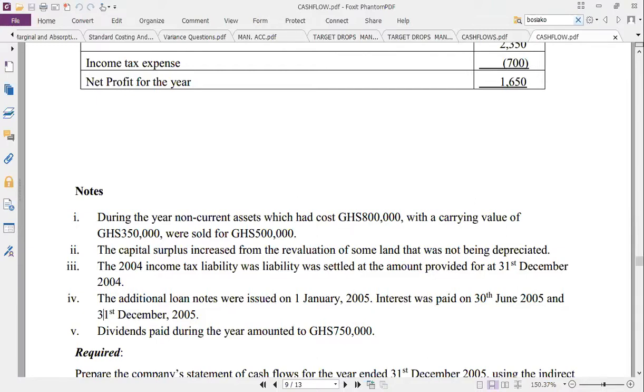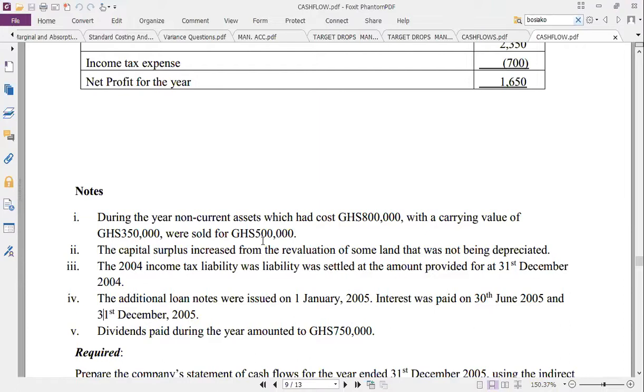So here, the first thing that you have to do is to calculate the profit or loss on disposal, right? So how do you get the profit or loss on disposal? That's why we said that the examiner assumes that you've done IAS 16 profit and loss on disposal. So how do you calculate it? The proceeds, how much was it sold for? It was sold for 500,000 less what? The carrying amount.